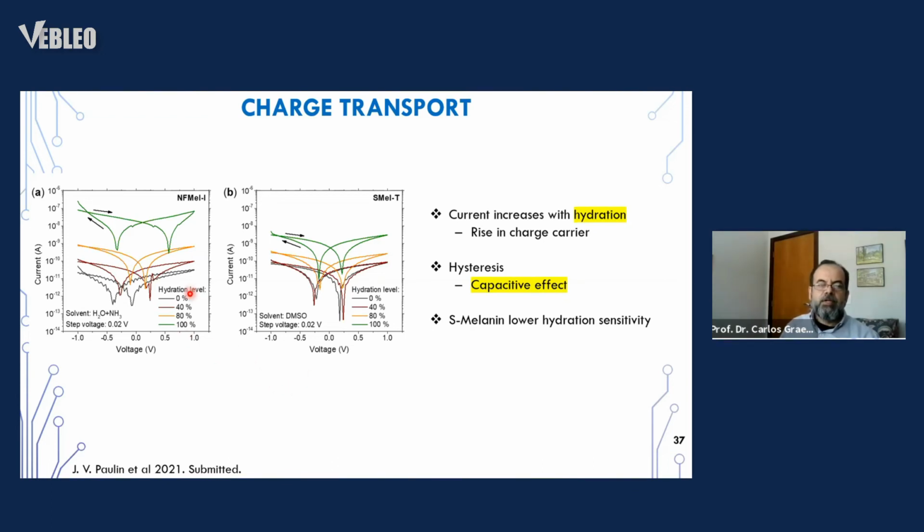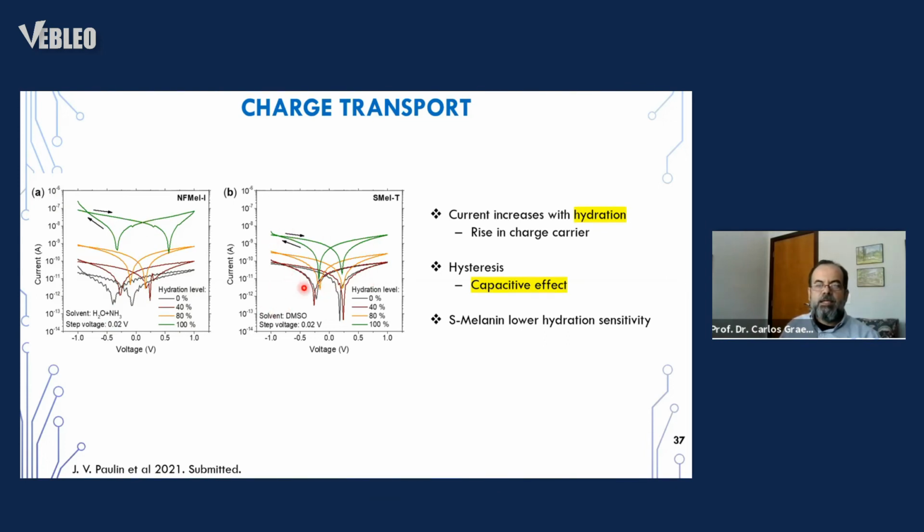This is seen very clearly, for example, if we change the hydration level of the air where the material is sitting. As you can see, we can modulate the current quite a lot. It is in logarithmic scale, okay? So we have some kind of ionic contribution to the conductivity of melanin, and it's clear.